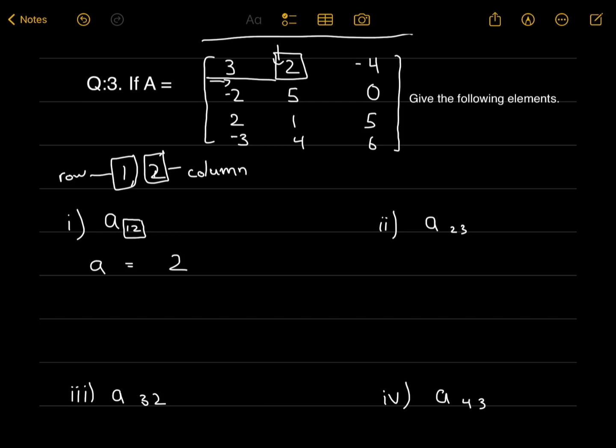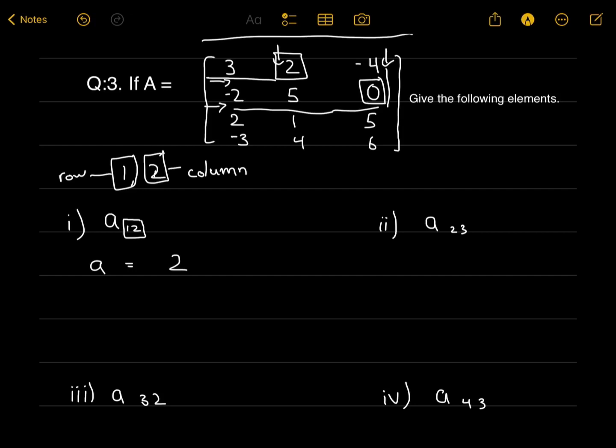Let's move on to the second part, which says a23 is a number which is present in the second row and third column. We move on here and here. We get a 0 here.